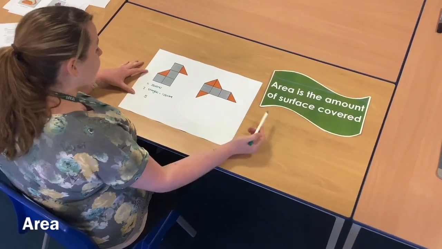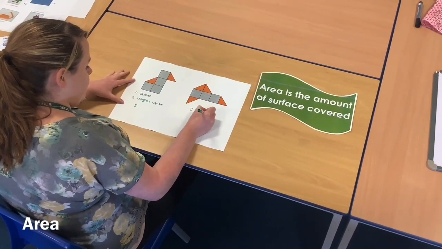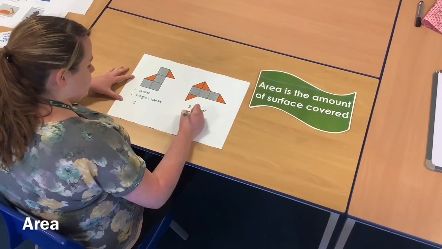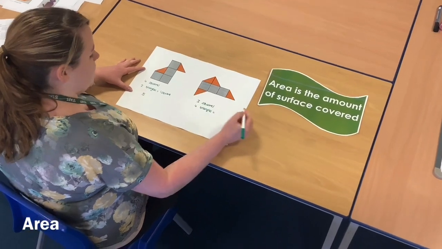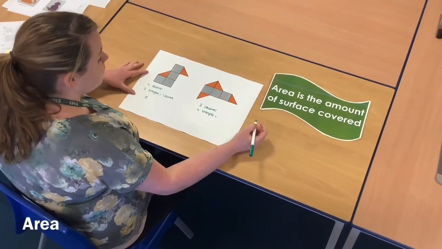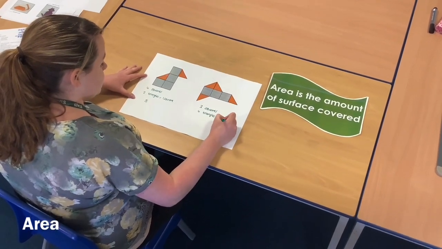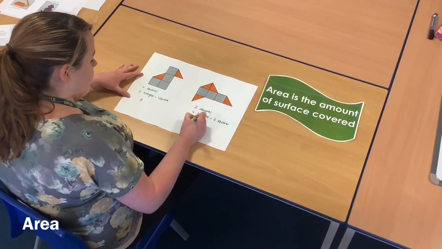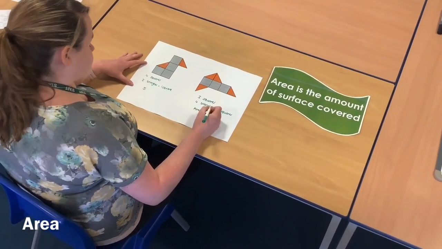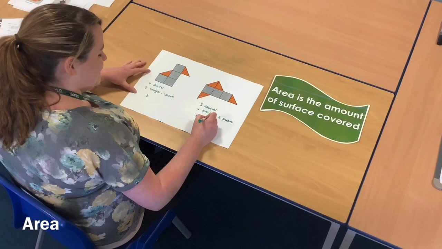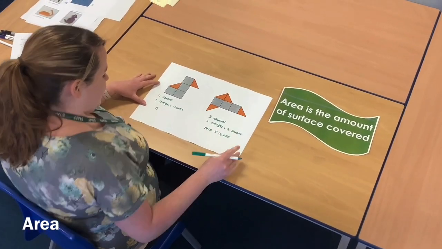This shape here, I've got 3 squares and 4 triangles. If I know that 2 triangles equal 1 square, I then know that 4 triangles equal 2 squares. So the area is 5 squares. I should be able to add 3 and 2 together.